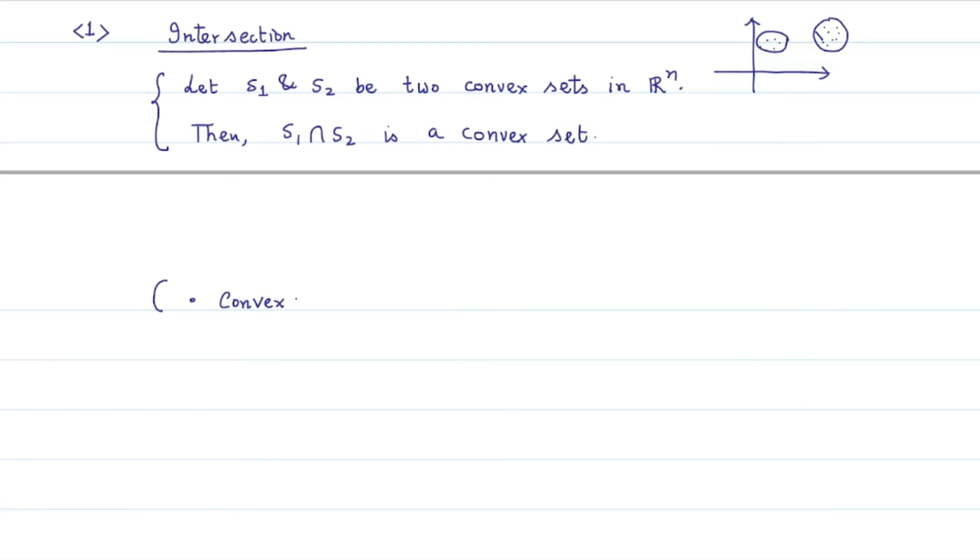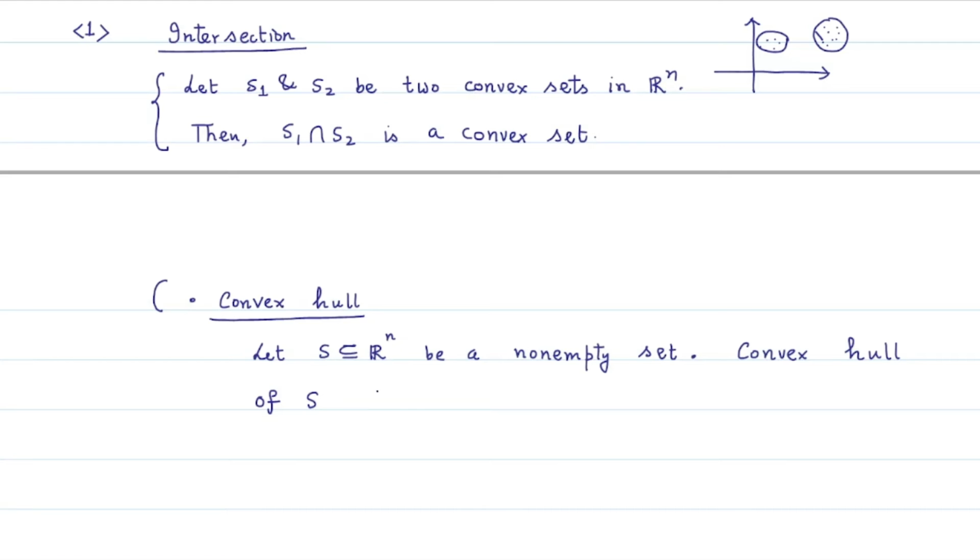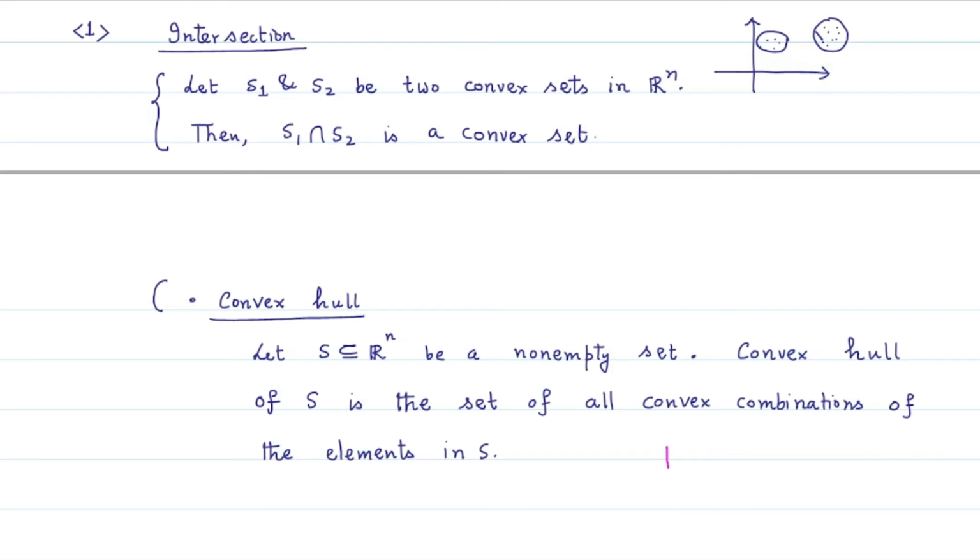By convex hull of a given set, capital S, we mean the set of all convex combinations of the elements of the set capital S. For example, if I consider the set capital S consisting of just three points in the R2 plane, then the set of all convex combinations of these three points will construct the triangular region having vertices as these three points.